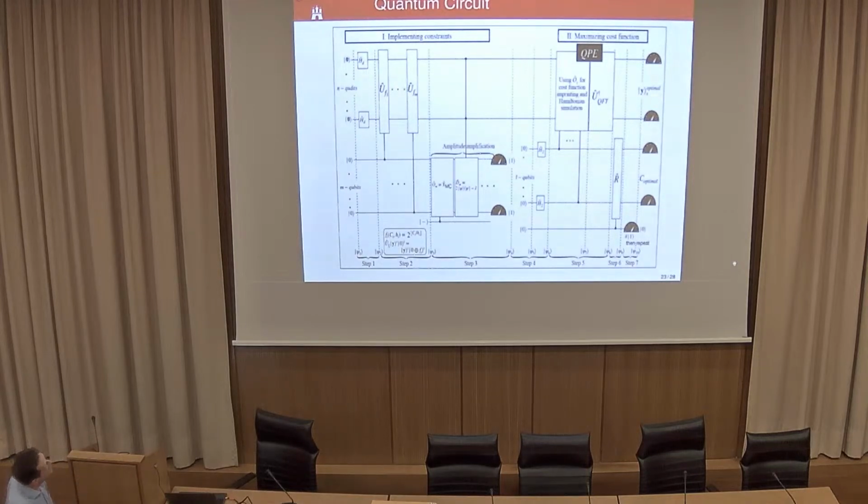So once you have done the Fourier transform and the phase estimation, you do a rotation between these auxiliary qubits. And that brings it as an amplitude to these auxiliary qubits. This is the value of the cost function when it is maximized. And that is then finally measured, and then you get automatically projected.